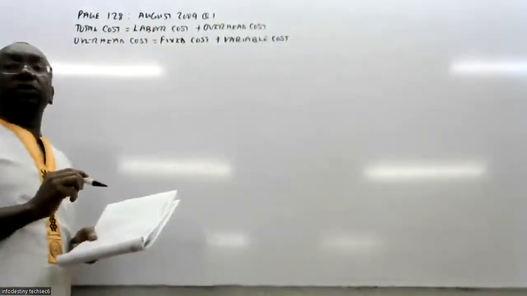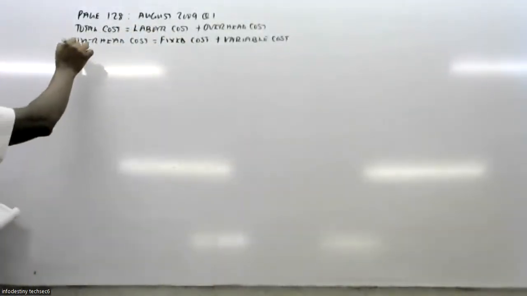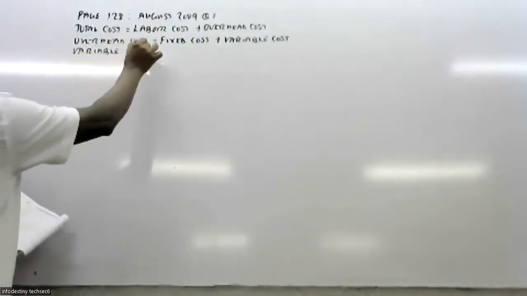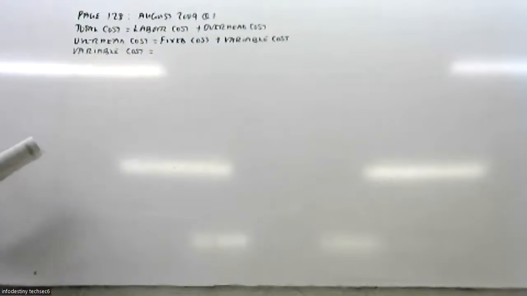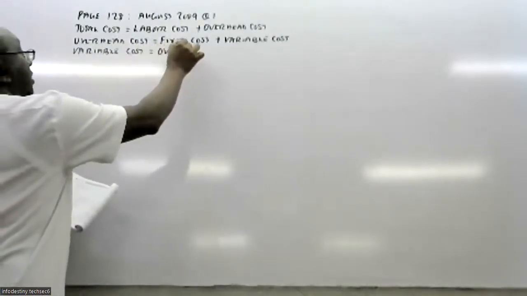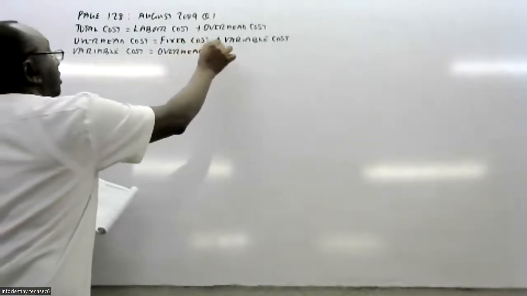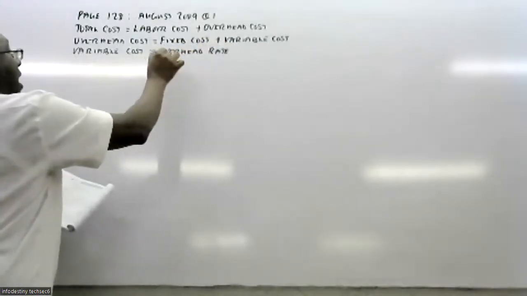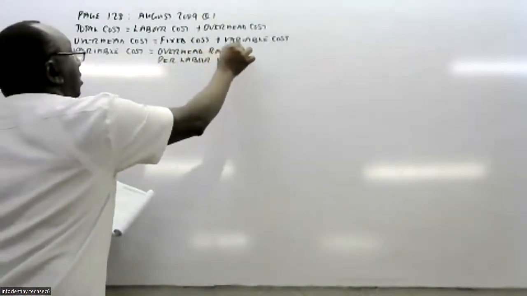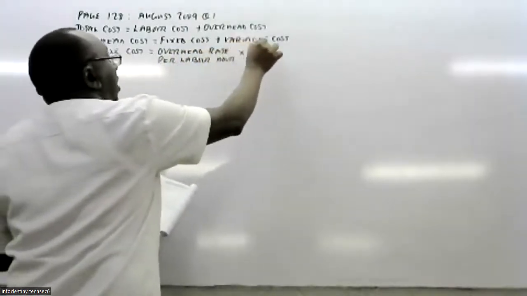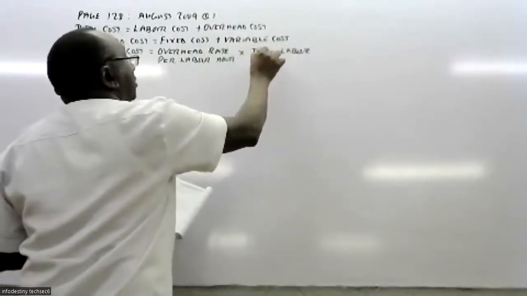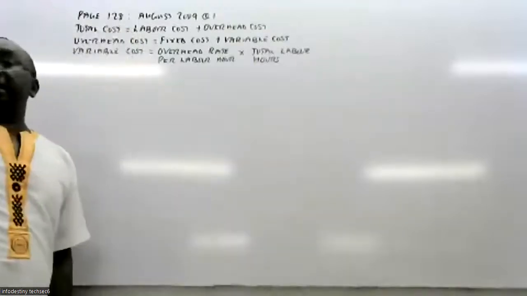So how are we going to get the variable costs? The variable costs will be the overhead rate per labor hour, multiplied by total labor hours. So that is how we shall get it.